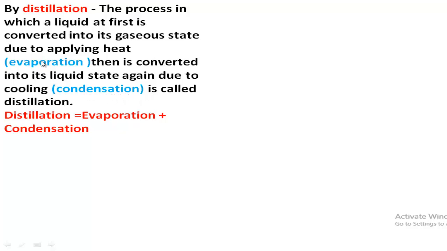This total evaporation and condensation process together is called the distillation process. That means distillation is the combination of evaporation and condensation. Evaporation means liquid is converted into its gaseous state due to applying heat, and condensation means that gaseous state comes back to its liquid state due to cooling.